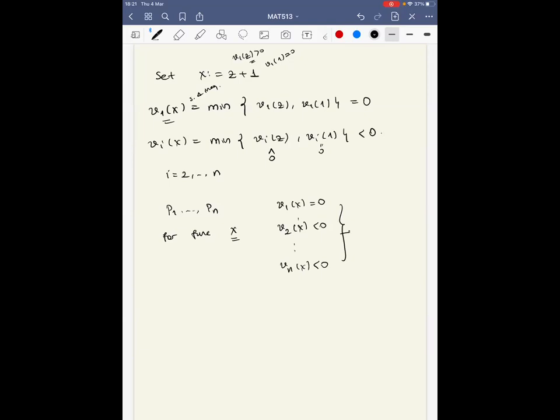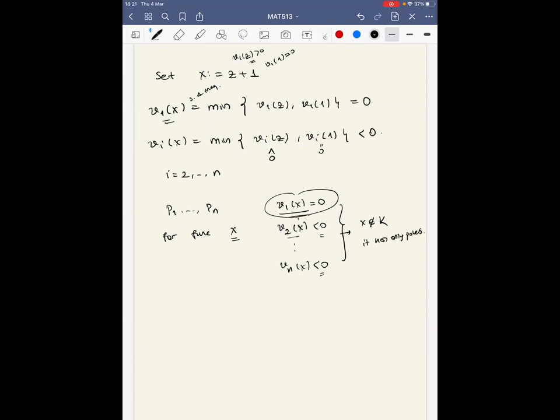So that means x is not a constant. And since all these integer values are negative, it has only poles.